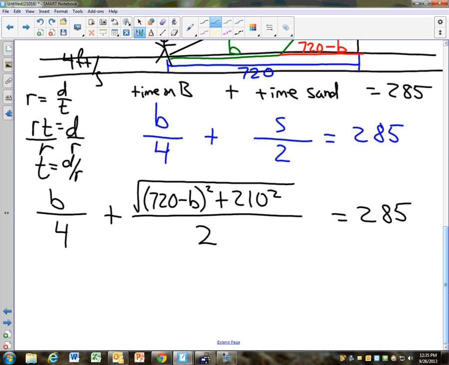I don't like the fractions. How do you get rid of fractions? Multiply through by, what is the common denominator among these? 4. Let's get rid of the fractions.